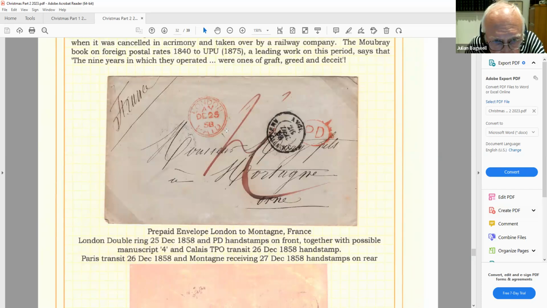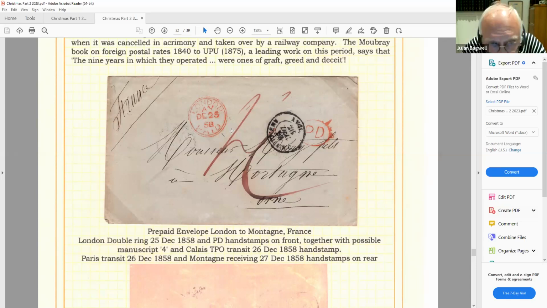Obviously, the post from London at this time, it all went over to Calais. And at the time, there was a lot of debate over this. A contract for actually dispatching the mail across the channel was held by a couple of fairly unsavory characters. They won the contract in 1854.